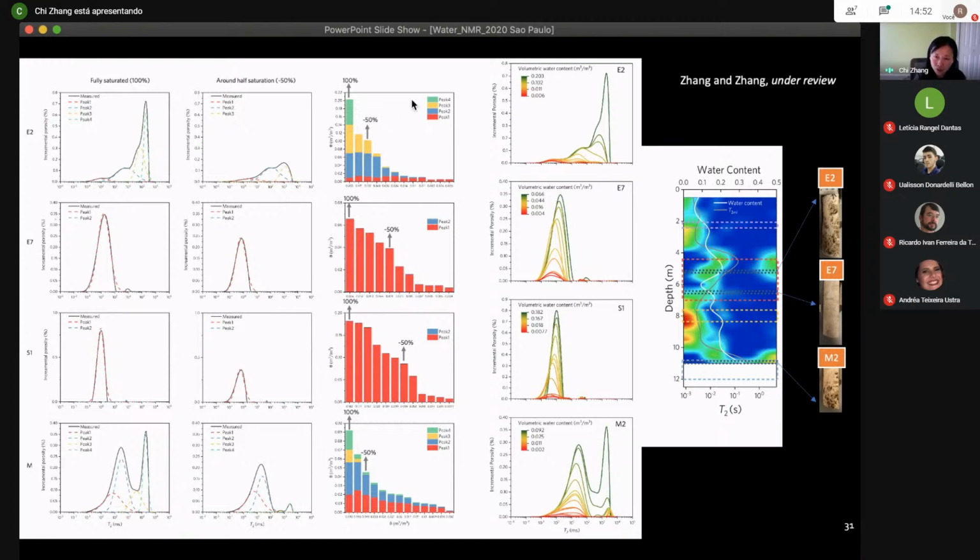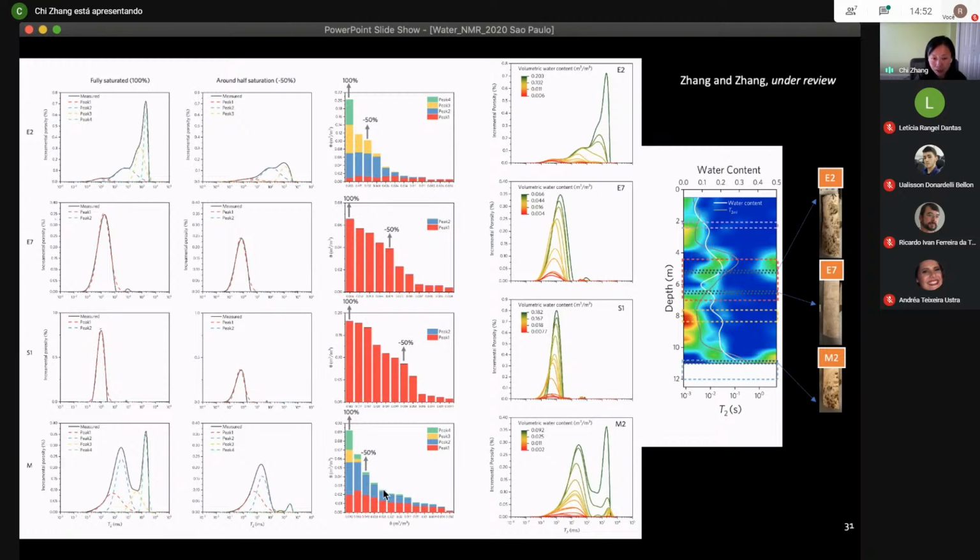When I say the drying pattern is different, I mean that, for example, in the E2 rock, the largest peak, peak 3, disappears first, and then the second largest one, then the blue one and then the red one.